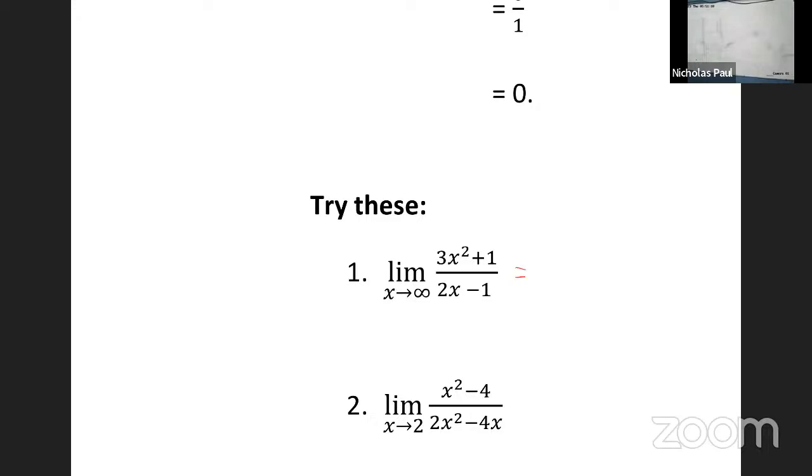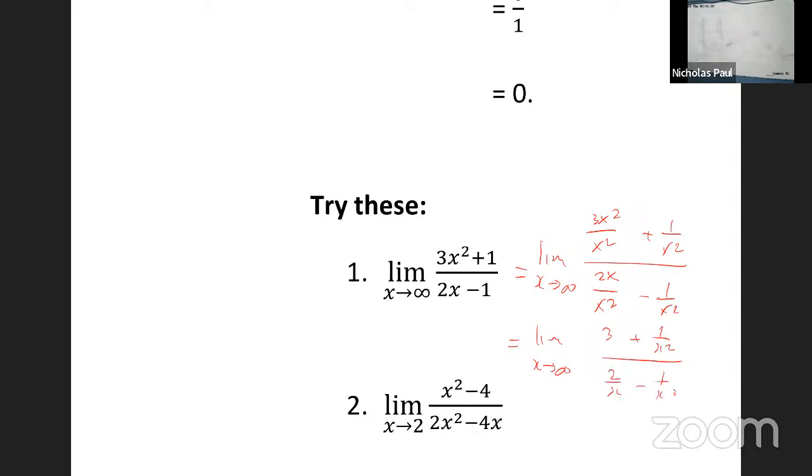For the first one, the limit as x approaches infinity, we divide by the highest power: 3x squared on x squared plus 1 on x squared, 2x on x squared minus 1 on x squared. So that'll be 3 minus 1 on x squared all over 2 on x minus 1 on x squared.